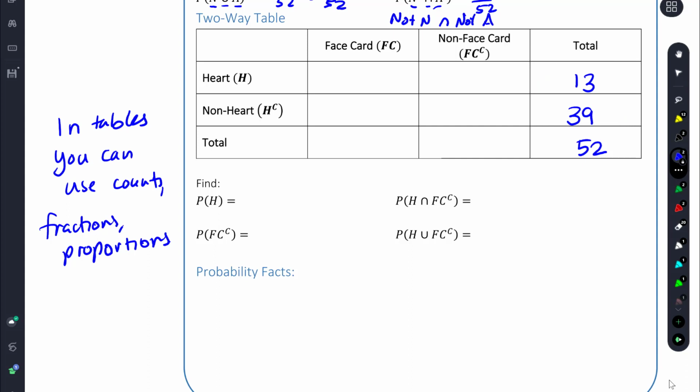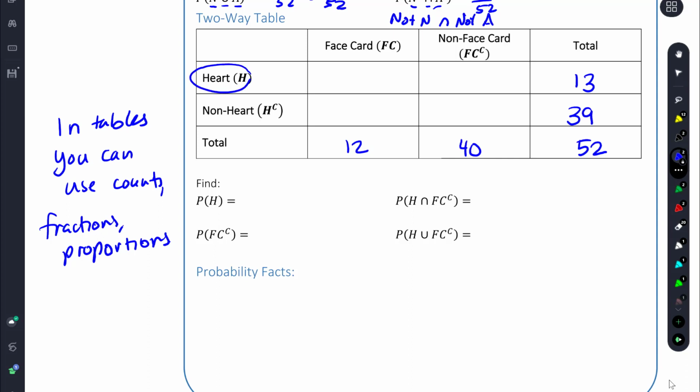We can also do the same thing by looking at face cards. We determined earlier on that there were indeed 12 total face cards. If there are 12 total face cards, that must mean there are 52 minus 12, or 40 non-face cards. We can also fill in the remaining gaps here by looking at the intersection of each event and seeing what matches each.